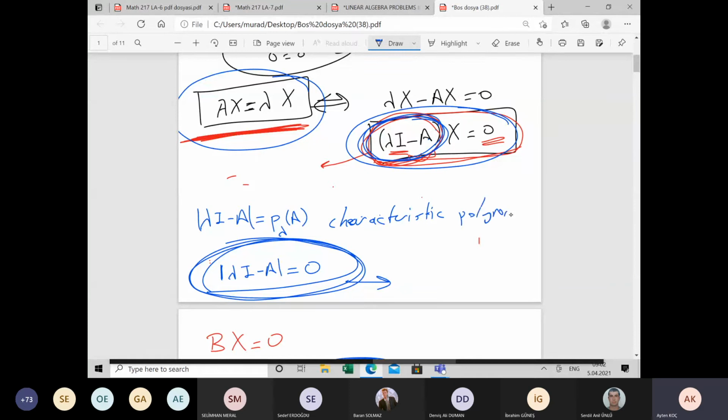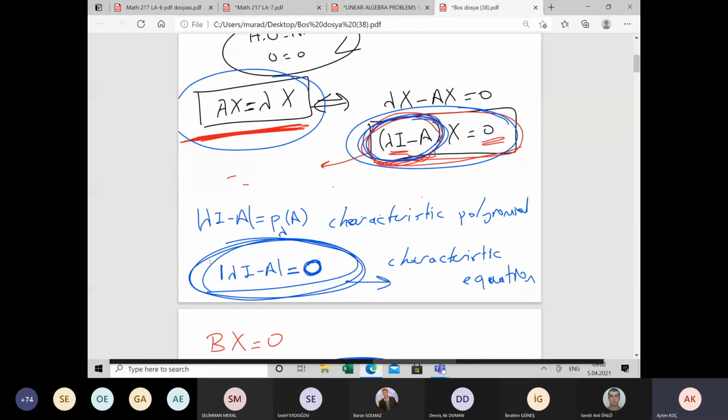It's okay, characteristic equation. So let's come back to this one. Yes, the characteristic polynomial. And this one is called the characteristic equation. Let's give an example to understand this concept.